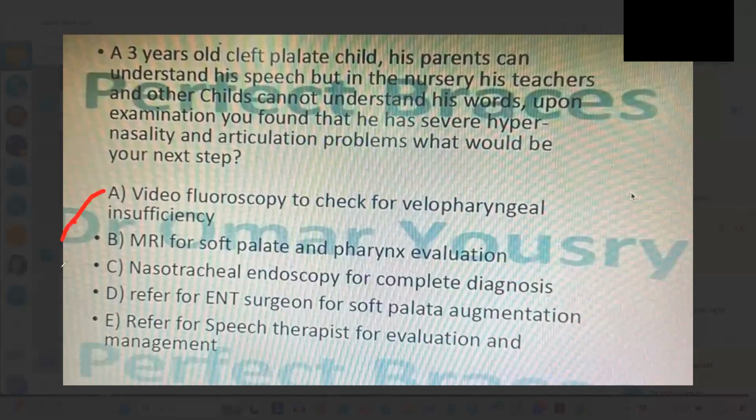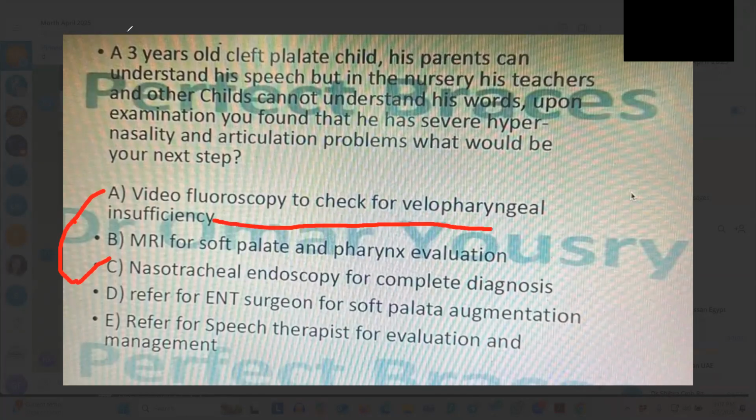And then they might decide on a surgery. I don't know why they have given it together. This is the main important point.